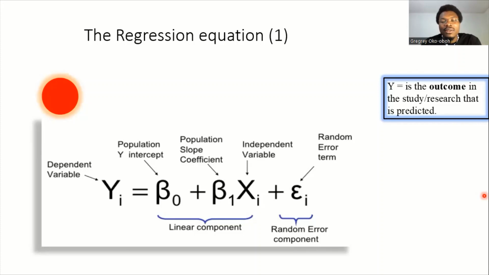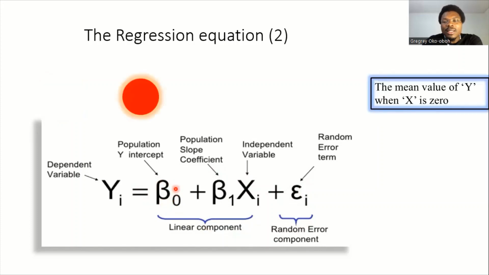Everything to the right, on the other hand, also describes that same line. So both the left and the right describe the line of best fit. For us to describe this line, we need to understand these parameters in this equation. So we are going to start with beta naught and understand what it means.